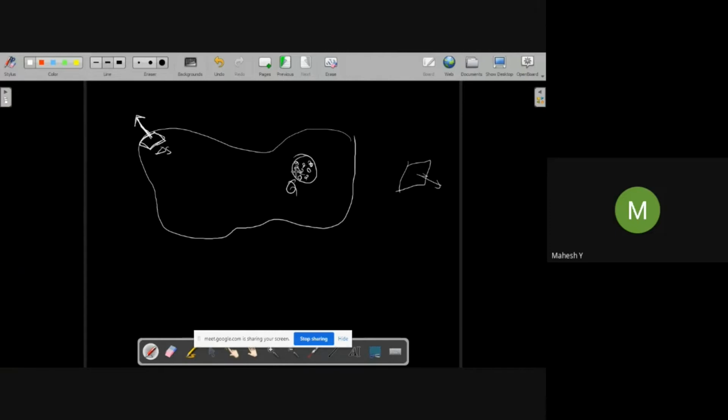Now, what is the direction of flux or flux density? Flux density will be along the flux line. So the flux line will be coming like this. This is how the flux comes to the surface. So this will be the direction of flux, and the flux density will have the same direction, D. So this is D. This is delta s.